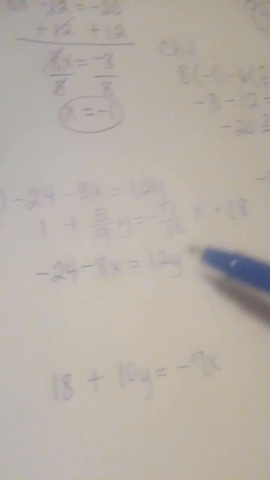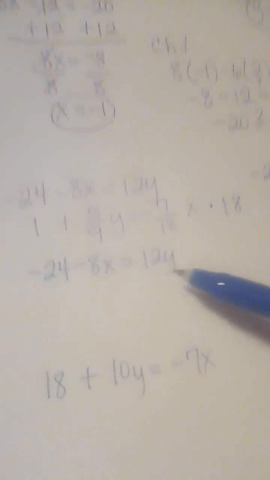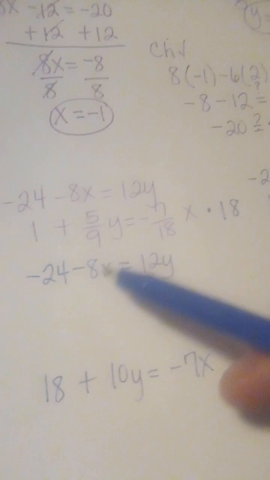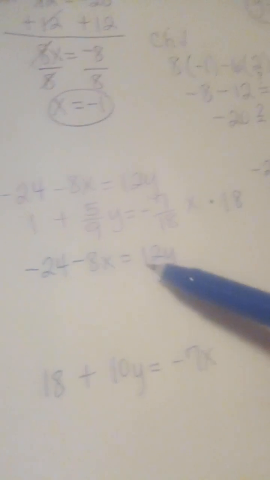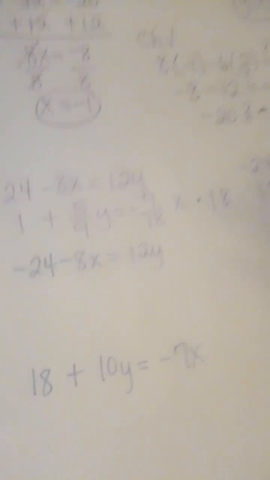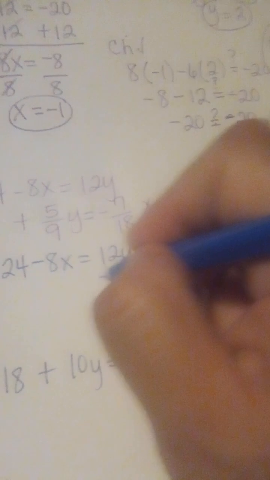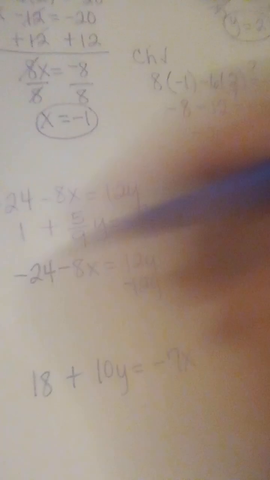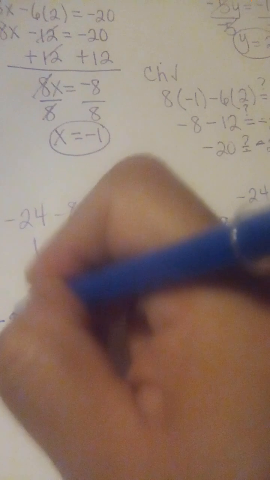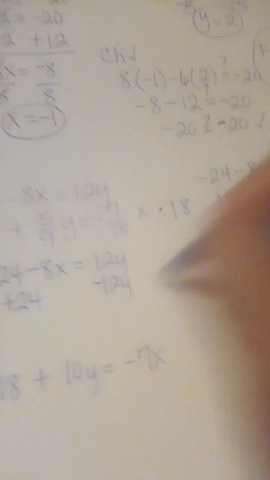Okay. Now I'm going to do this. We have the x, so we're okay. Now we have to move the y over. We have to subtract 12y from both sides. And then we have to add 24 to both sides.